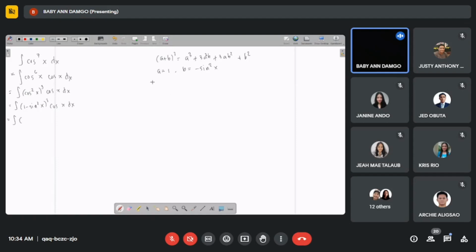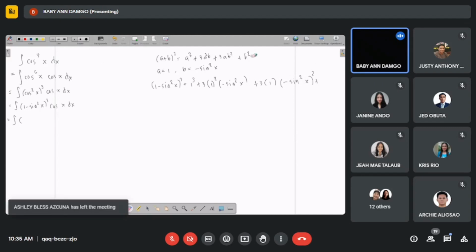Okay, so after we apply, we have 1 minus sine squared x cube is equal to, our a here is 1, so 1 cube plus 3 times 1 squared, and then our b is negative sine squared x, plus 3 times our a here is 1 and then our b here is negative sine squared x to the power of 2, plus our b cube, which is negative sine squared x to the power of 3.